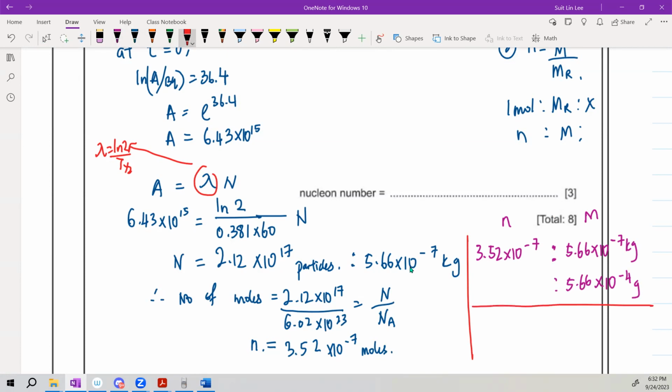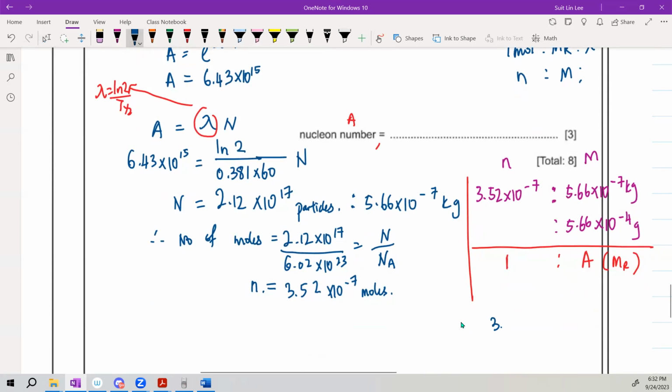So now to find the molar mass, this is 1 mole. Okay, and then here I need to figure out what is this nucleon number? A, which is also the molar mass. So ratio.